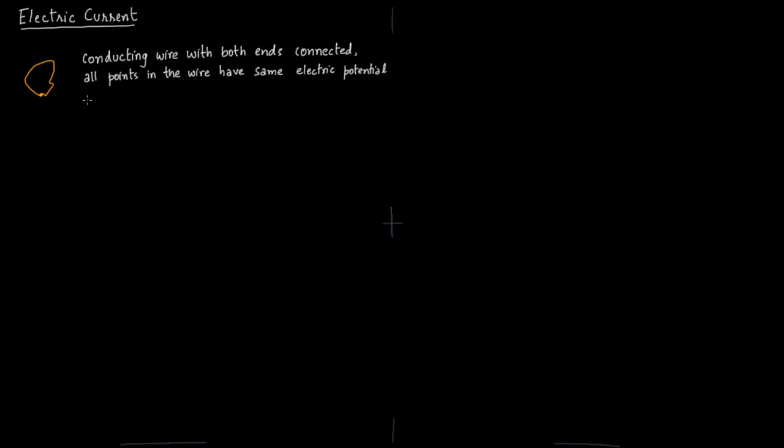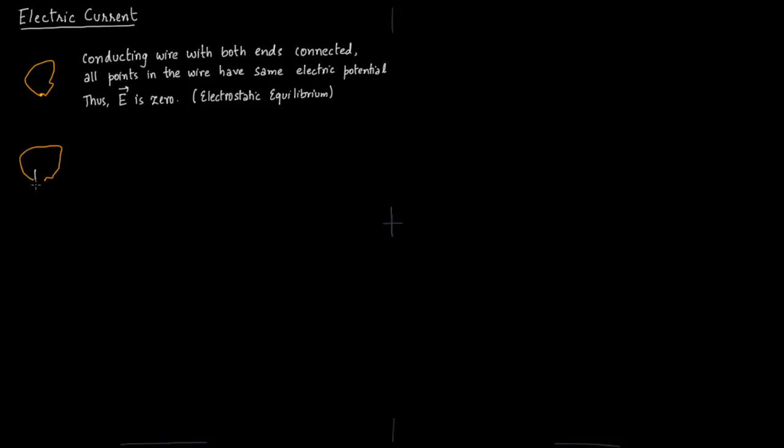Therefore, the electric field is 0. So there is electrostatic equilibrium in such a wire. Because the electric field is 0, there is no potential difference.